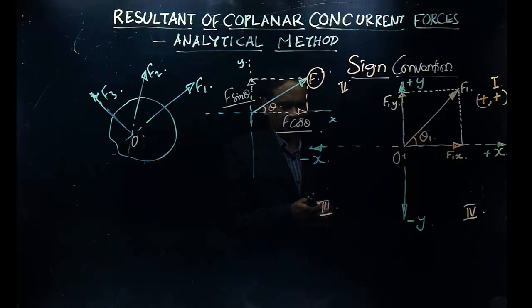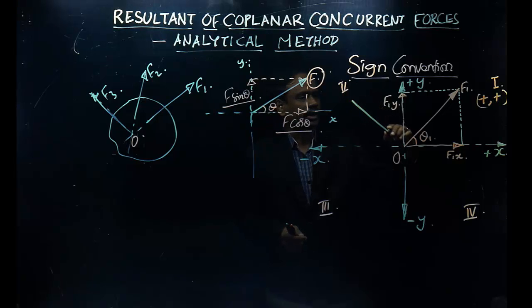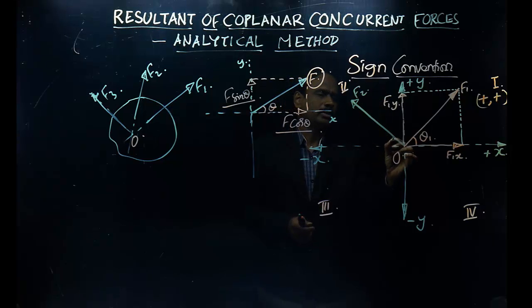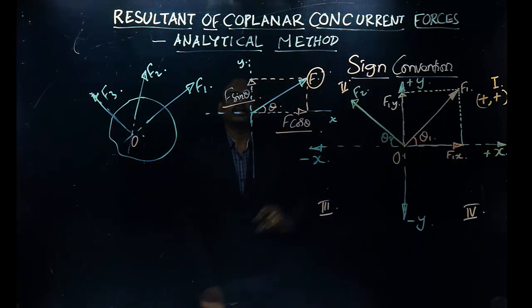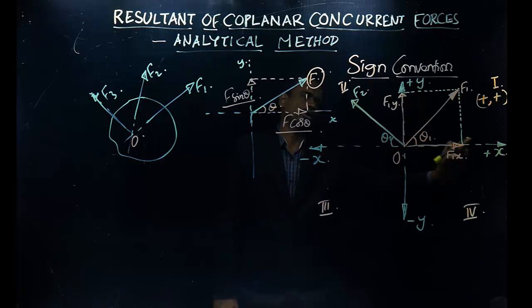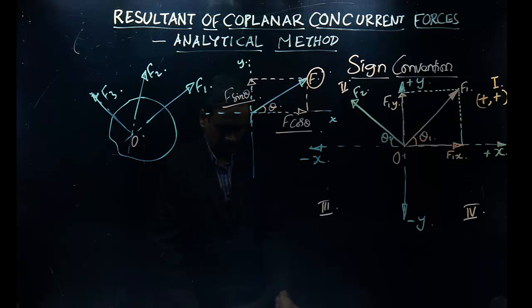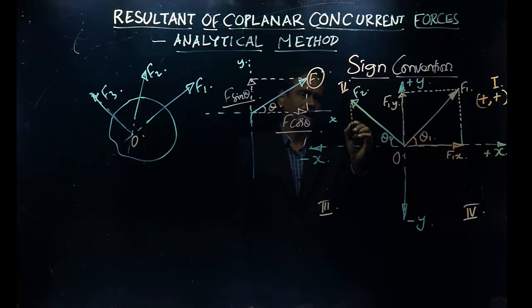Now let's consider another force. Say this is F2, but it is lying in the second quadrant, and let this angle be theta 2, always the inclination with respect to the x-axis. Even if some other angle is given, it will always be good to take the acute angle of inclination of the force with respect to the x-axis. We have to find the components of this force along the x and y axes. How do we do that? Draw lines parallel to the y-axis and x-axis.